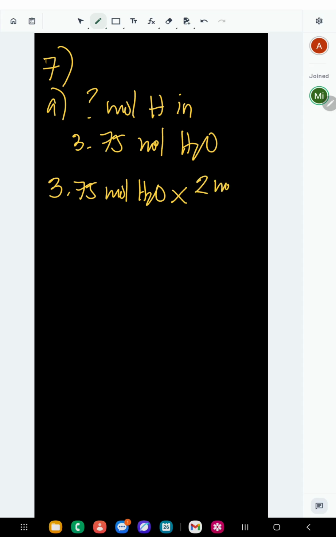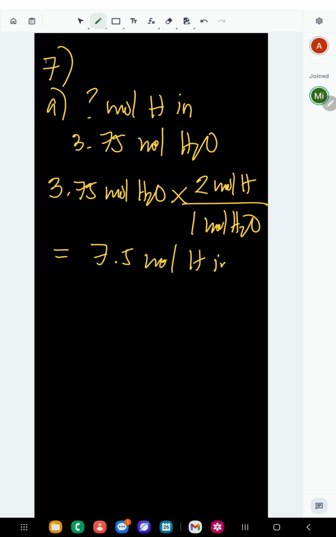So times 2 moles of hydrogen atoms per 1 mole of water molecule. What is 3.75 times 2? All right, so this is 7.5 moles hydrogen in 3.75 moles water.